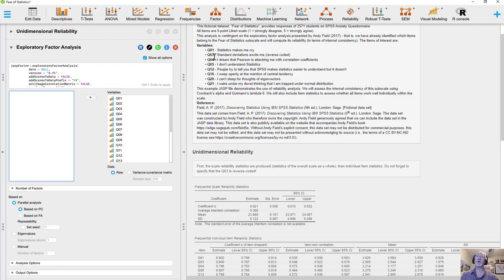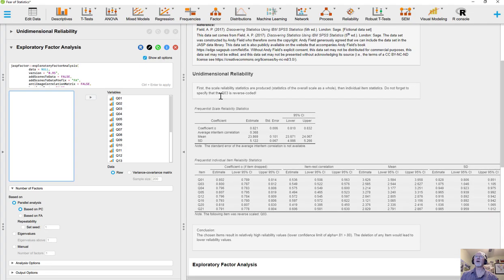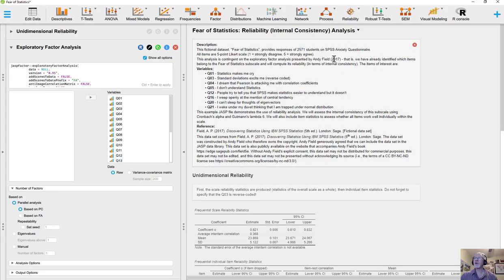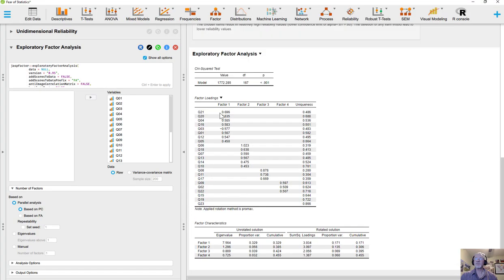There's 8 variables, 1, 3, 4, 5, 16, 21, and here you see 1, 3, 4, 5, 16, 20, 21. It's the same variable. So this is where Andy Field is deriving that factor that he led you through on the reliability in a previous lesson.